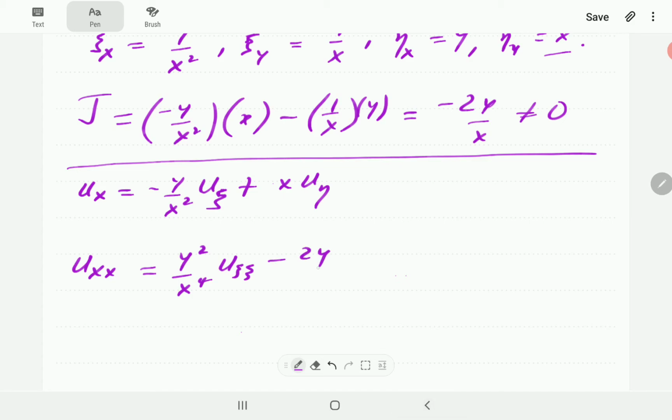It's going to be minus 2y over x u xi eta. Then the last term is going to be the square of this, which is x squared u eta eta.